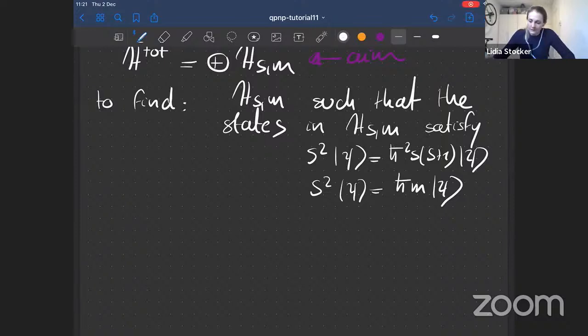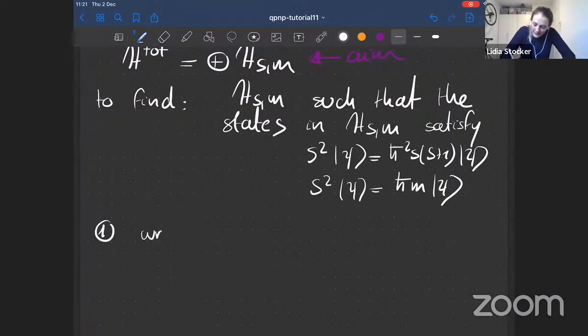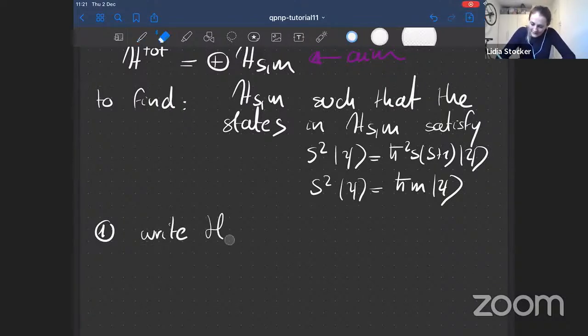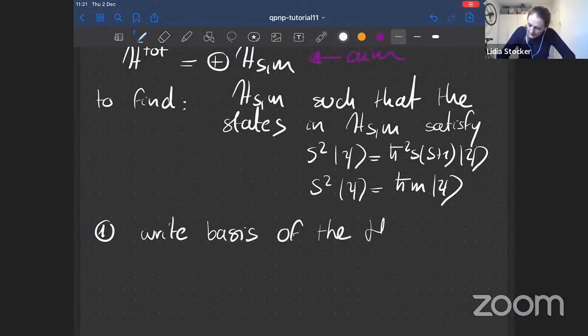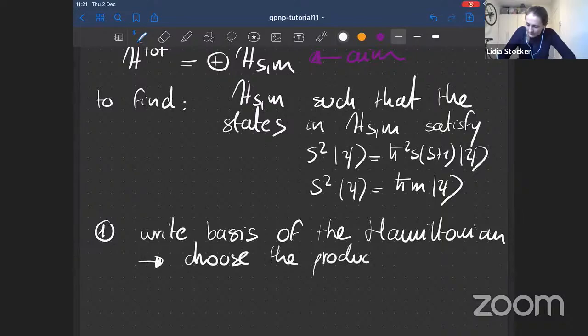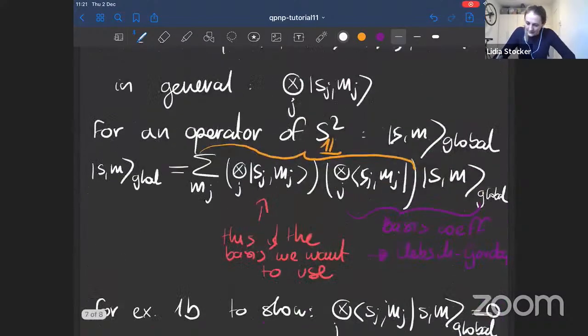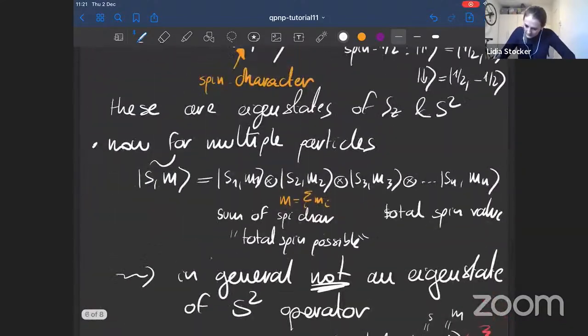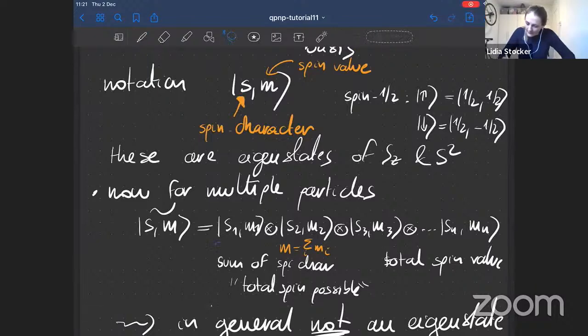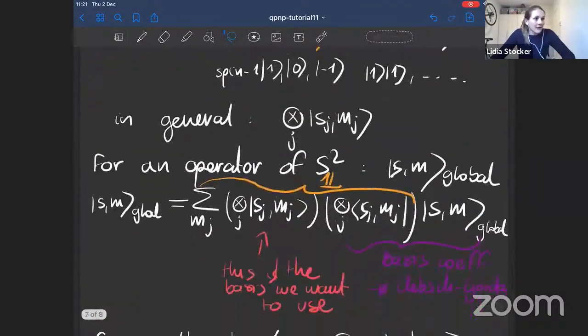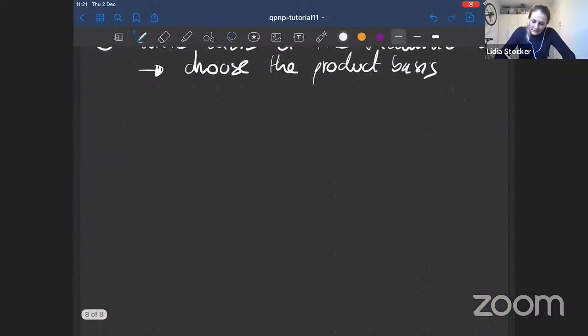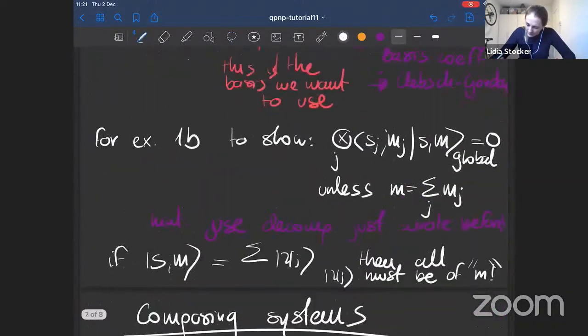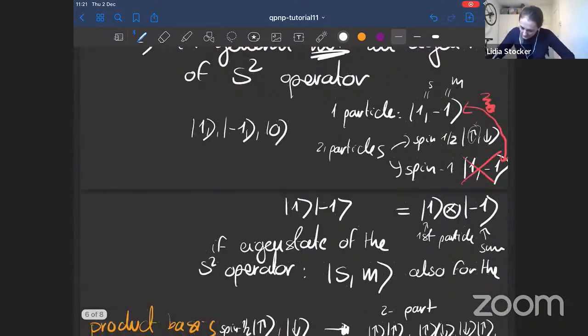So how do we do it? First step is to write the basis of the Hamiltonian, and so choose the product basis. And the product basis is exactly what we saw here, where we write every particle kind of independently. For example, for the spin 1/2 particles, we just wrote it here. Where is it? Here.